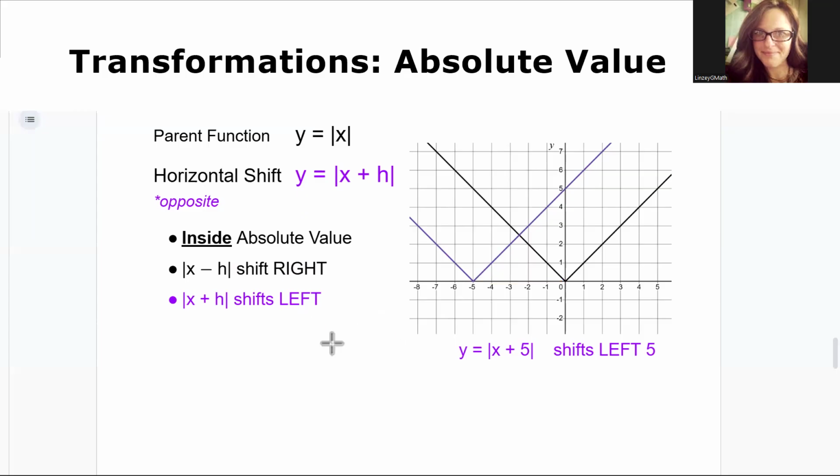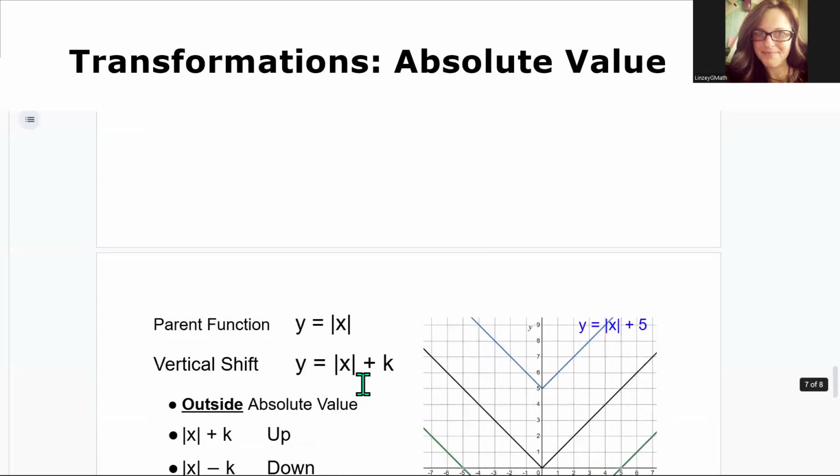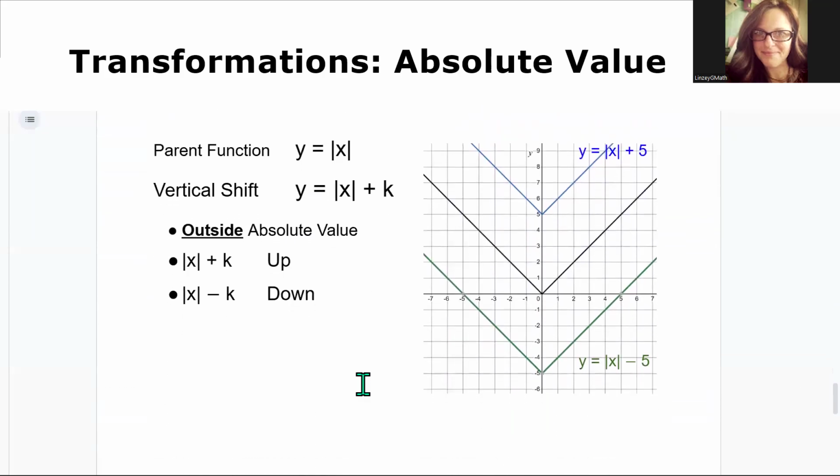And last but not least, a vertical shift. A vertical shift is when you have a number added or subtracted outside the absolute value symbol. Outside the absolute value symbol, plus k shifts the graph up, minus k shifts the graph down.